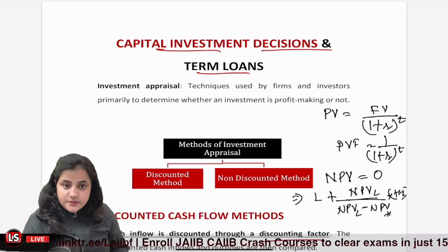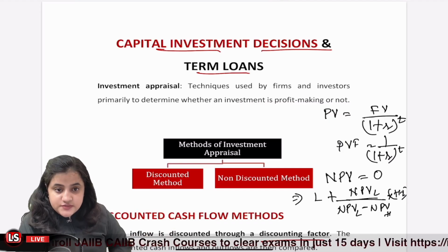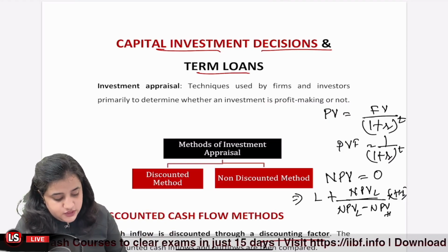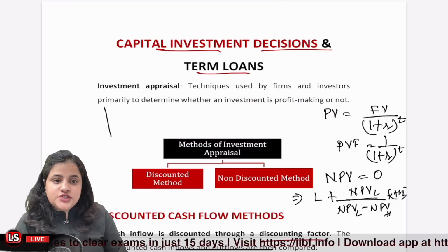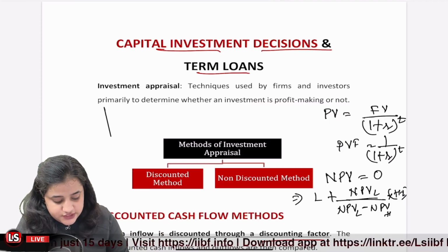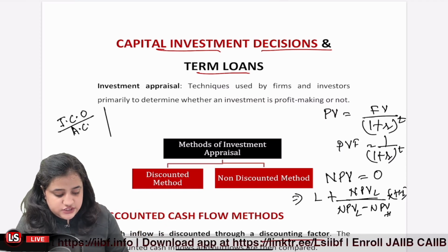Then we did payback period. Payback period was the period in which our cost of investment will be covered. We ignored time value of money here. The formula we used was based on future cash flow. If the cash flows were equal, this formula was very simple: initial cash outflow divided by annual cash flow.